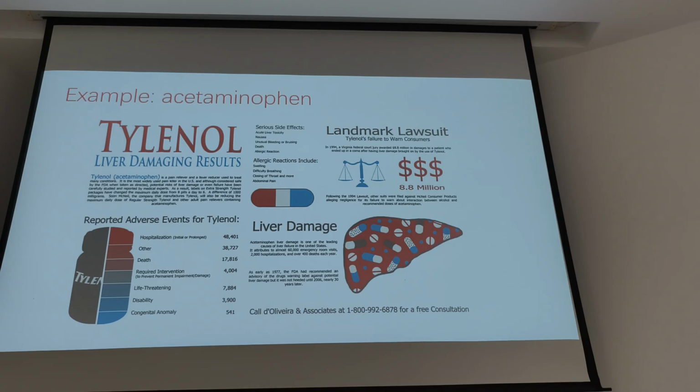If we use acetaminophen properly, it can heal some pains and relieve fevers. But if we don't use it properly, it will cause huge side effects, especially liver damage. So this is a very important example that will be used.